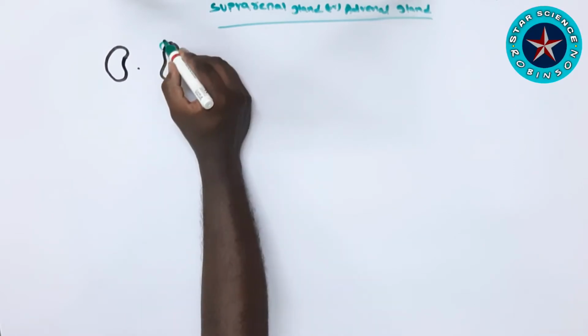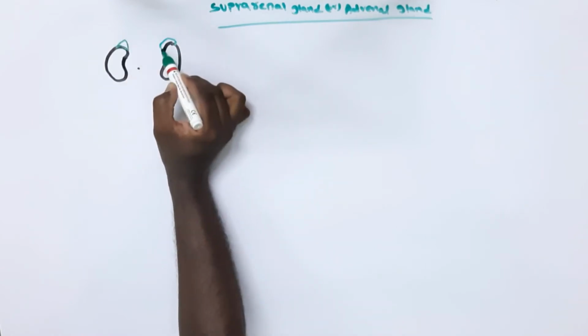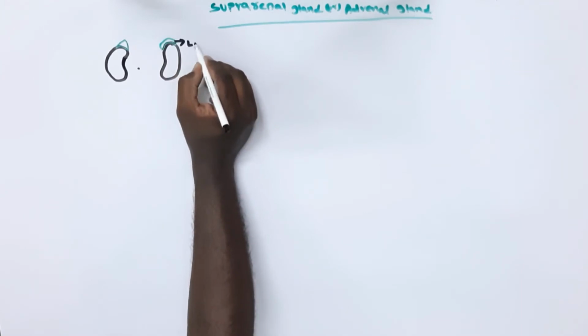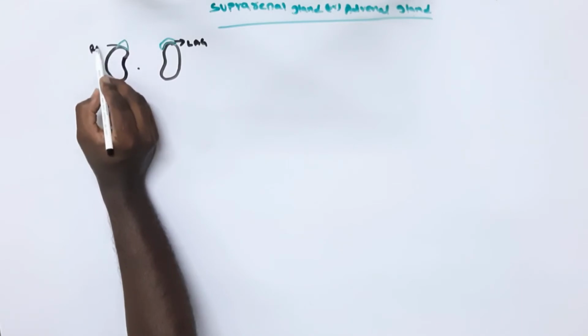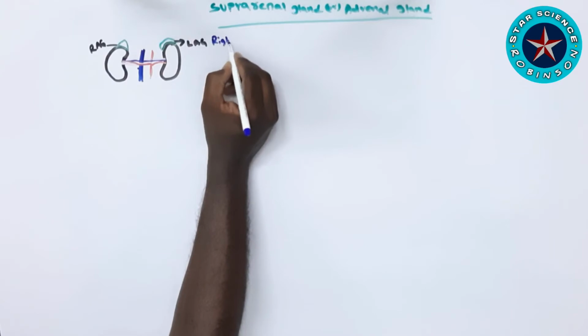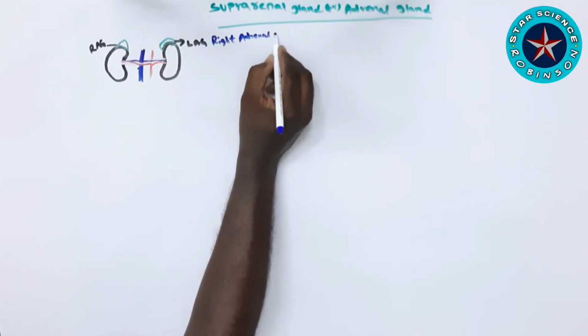It is situated in the upper pole of the kidney, as I am showing in the diagram, a pair of adrenal glands, one on each kidney. Now I am showing the left adrenal gland, and this is the right adrenal gland. If you look at the shape, the right adrenal gland is triangular.